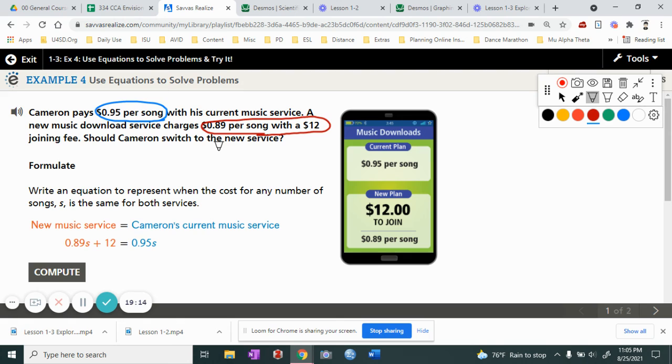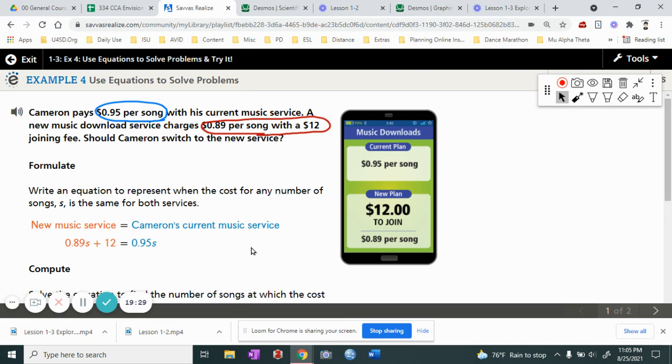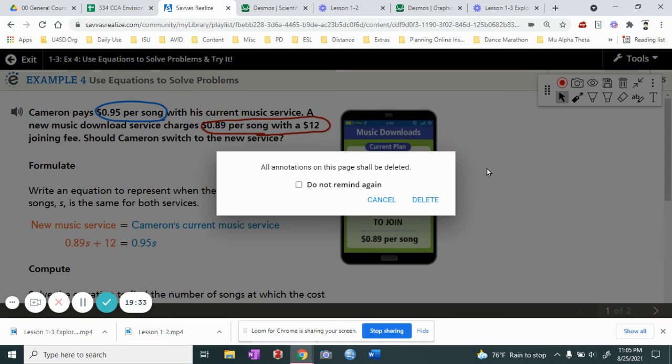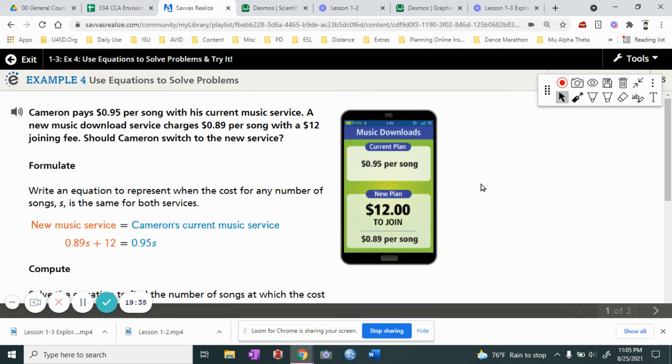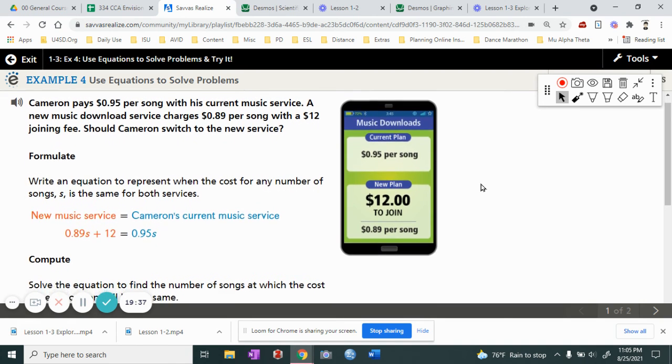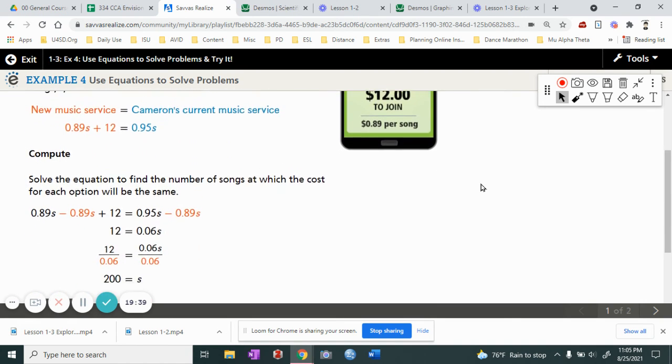So first we need to know, how many songs does Cameron need to download to make this worthwhile? So we're going to solve this equation for S. So that's what I'm going to do here when I hit the compute button. Okay. So we'll get our S terms together by subtracting 0.89S from both sides.